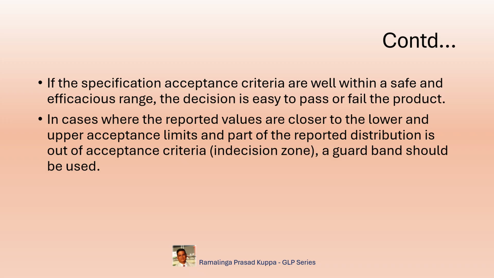In this case, it is difficult to decide on compliance. This is an indecisive situation. In such cases of indecision zone, additional guard band is necessary. In such situations where additional risk reduction is desired.